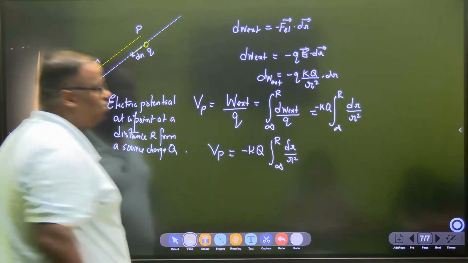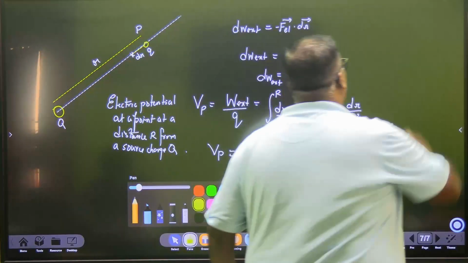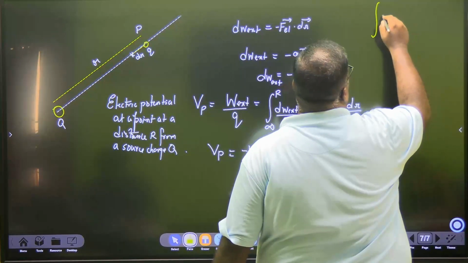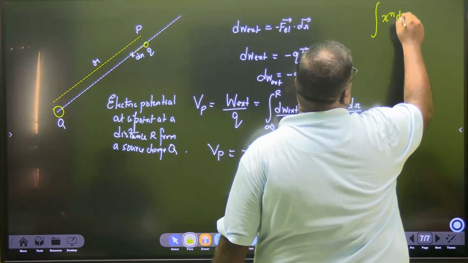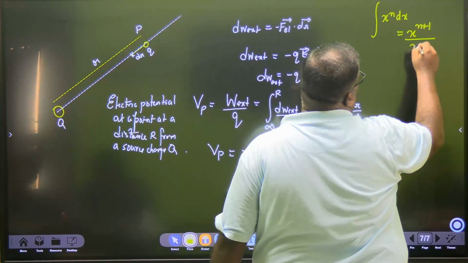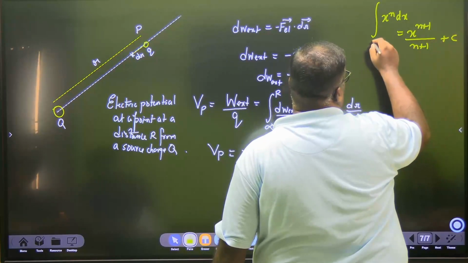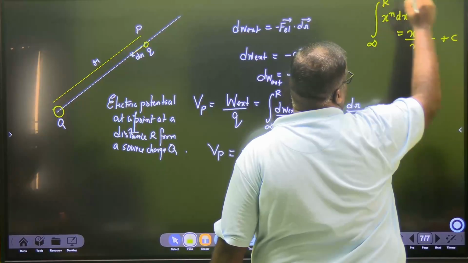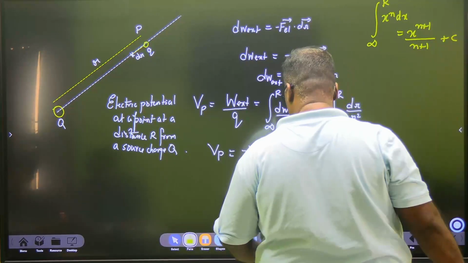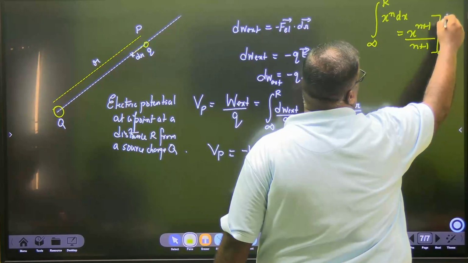Is this much understood? Now some integration that you should know. Integration of x to the power n dx is x to the power n plus 1 divided by n plus 1, plus a constant of integration. But if it is a definite integral, this constant goes away, and we put the upper bound and lower bound, infinity and r.